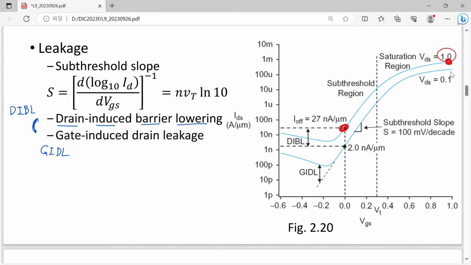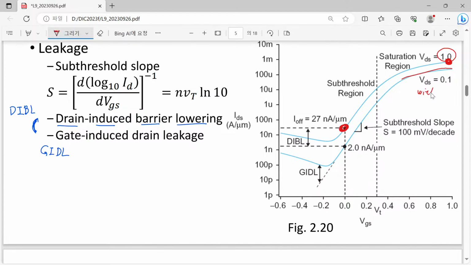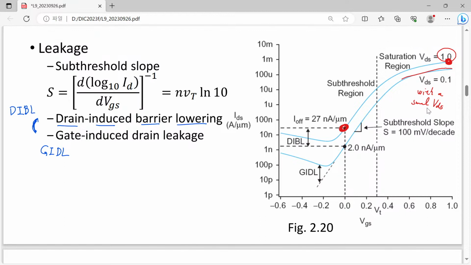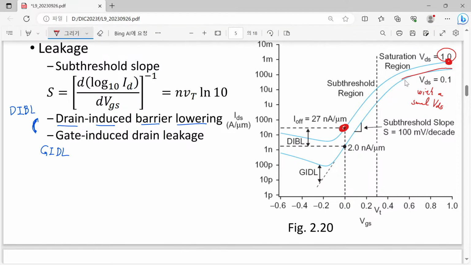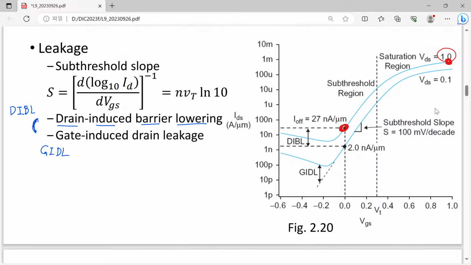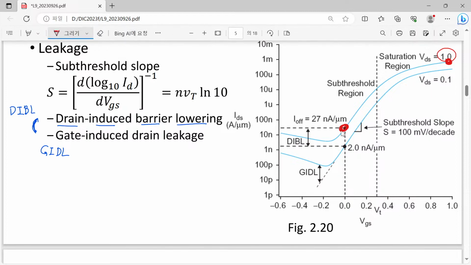However, we need another curve corresponding to the input characteristics with a small VDS value, or a low VDS value. So why should we have this kind of thing? Because in order to measure this quantity.